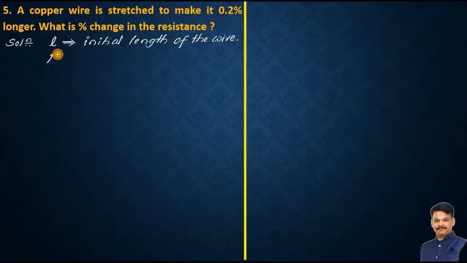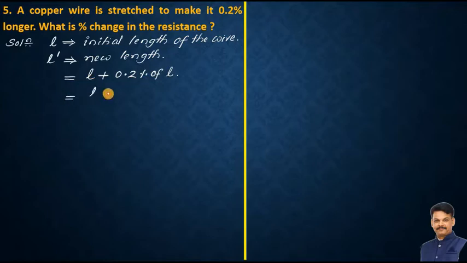Okay, then the new length L dash, if L dash is the new length of the wire, then it can be written as old length plus 0.2% of old length. Okay, so 0.2% of the old length of the wire has to be added to the old length, isn't it? Therefore it can be written as L plus 0.2 divided by 100 into again L.